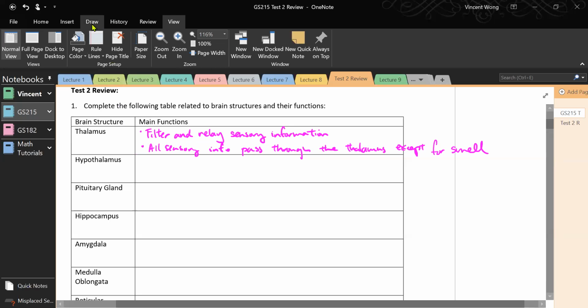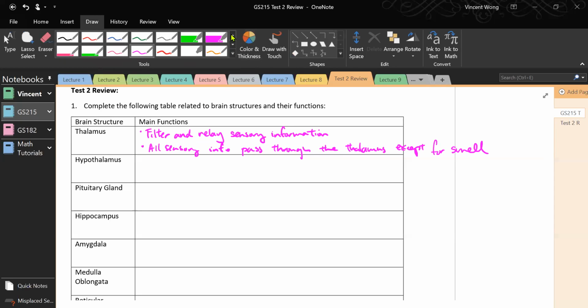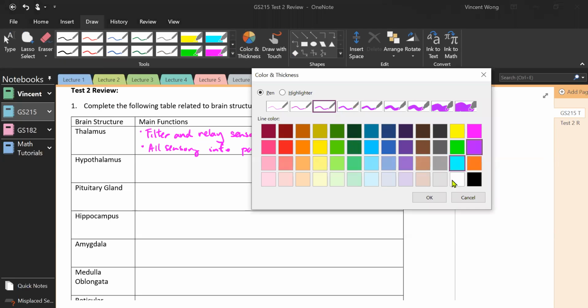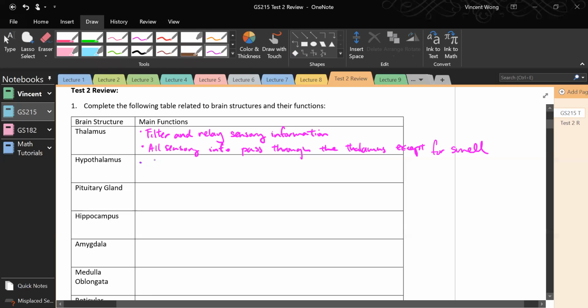Next, we have the hypothalamus. Hypothalamus is called a master gland. It's involved in homeostasis through hormones.